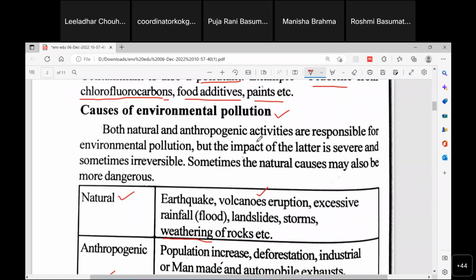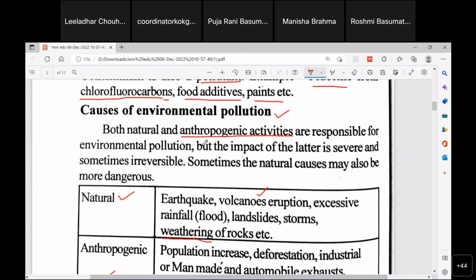So both natural and anthropogenic activities are responsible for environmental pollution. But interestingly, anthropogenic activities are contributing in a disastrous way to the day-to-day degradation of the environment and pollution.